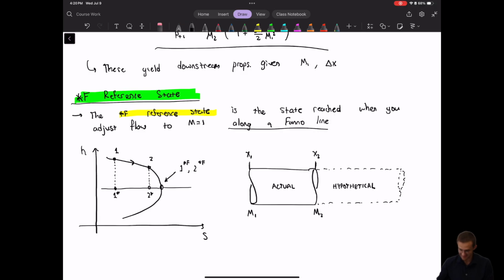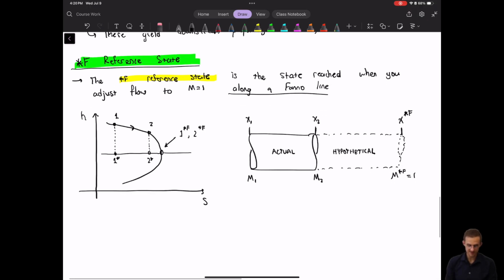But if the duct continued forward, you would eventually hit this point, which we will denote X star F. And we know that M star F is equal to 1 by definition. Okay? So X star F is the distance you would have to travel for your flow to eventually reach Mach number 1 within a Fanno flow. Okay?